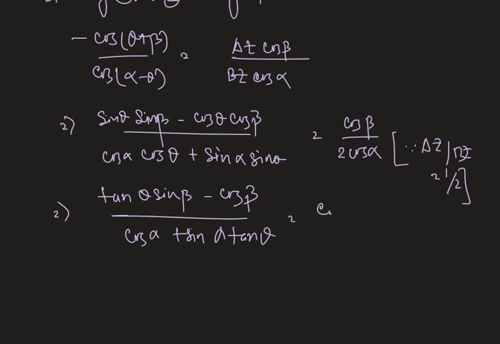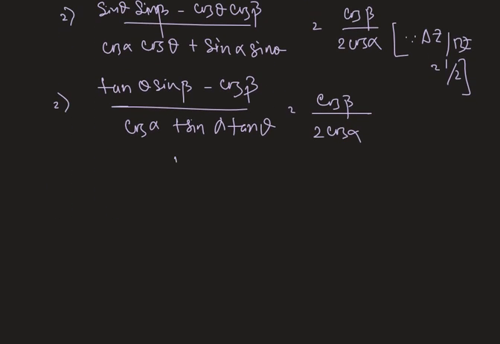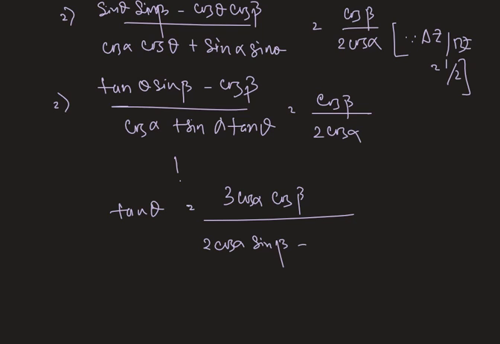Hence lastly we get cos beta divided by 2 into cos alpha, and after some steps we get tan theta is equal to 3 into cos alpha cos beta whole divided by 2 into cos alpha sin beta minus sin alpha cos beta.